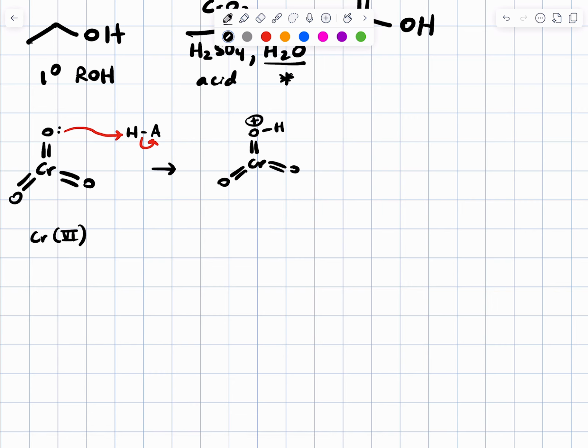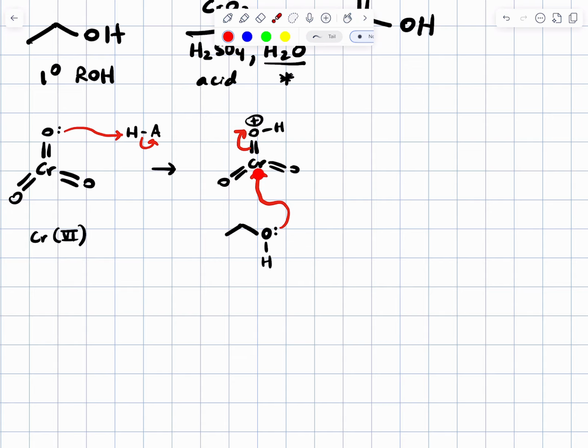So now you'll see that lone pairs on the alcohol attack the chromium, and we break one of the chromium oxygen pi bonds. It's not immediately clear why that should be the case because we don't exactly know how to deal with reactions on transition metals.